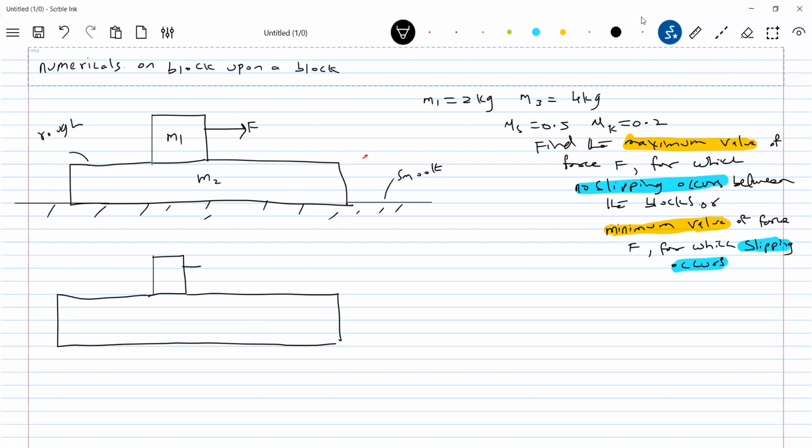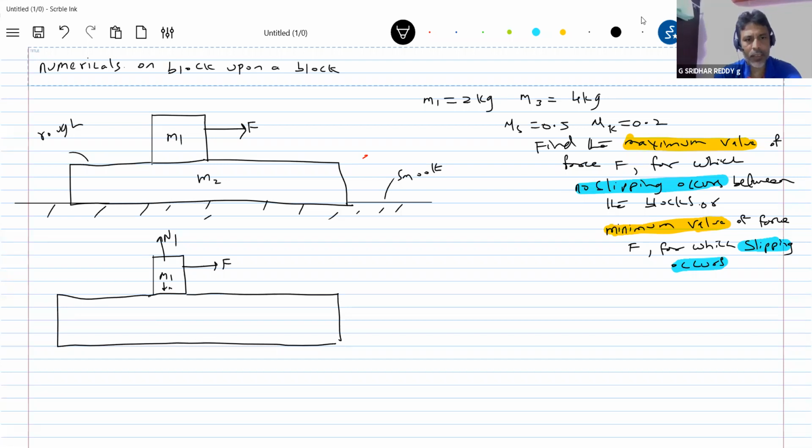And this was the force F applied. This is M1. This is a normal contact. Let me show all the forces as usual. This will be the normal reaction, M2g, and this is N2. Do you agree with this?